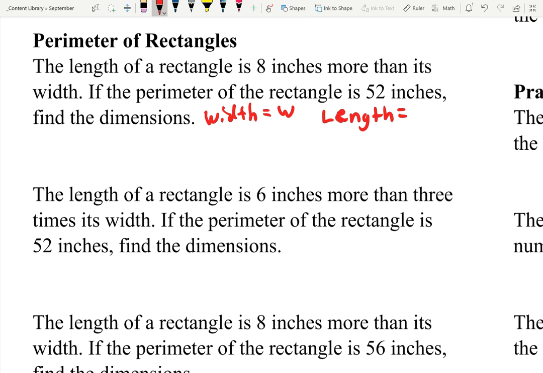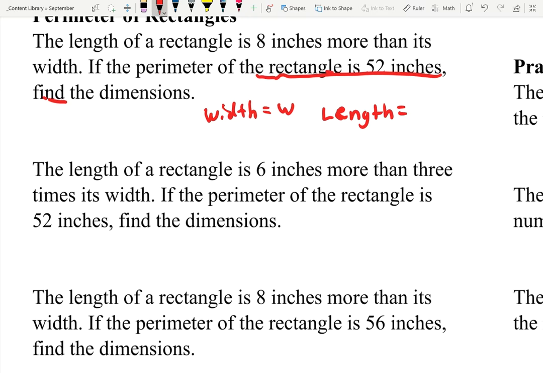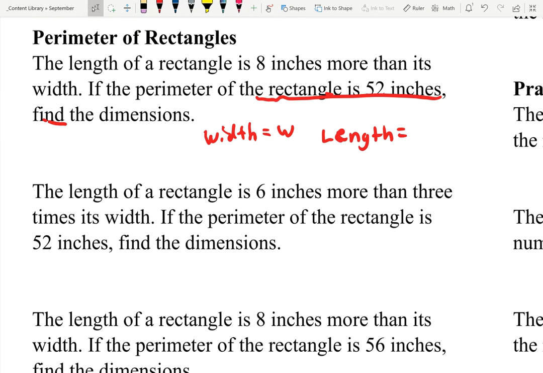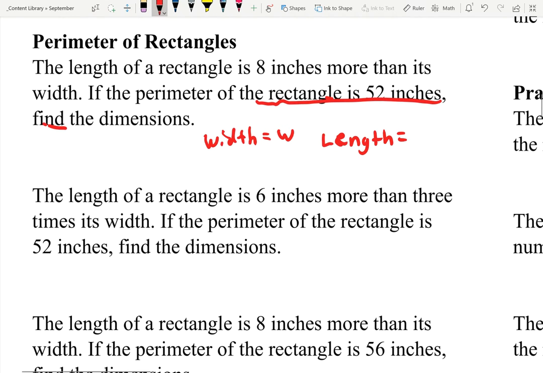Now, length, though, I have some information on. I know that the length of this is 8 inches more than its width. So if I call the width w, 8 inches more than the width is w plus 8. Okay, let me fix that.